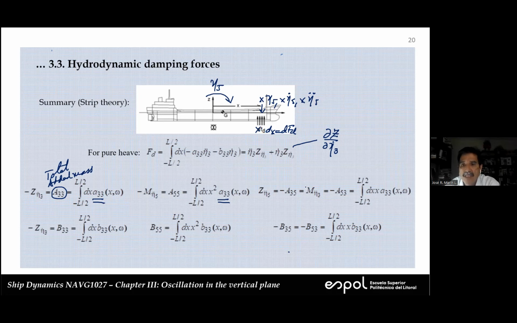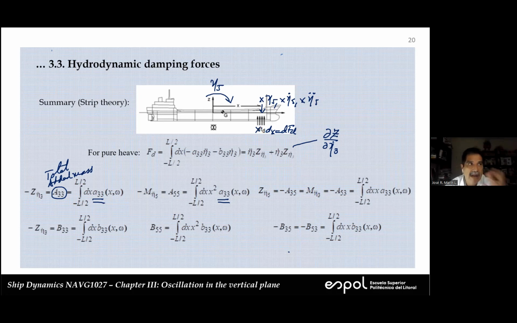So these two hydrodynamic derivatives couple. This is Z because of a unit rotational acceleration, and this is moment because of a unit vertical acceleration.